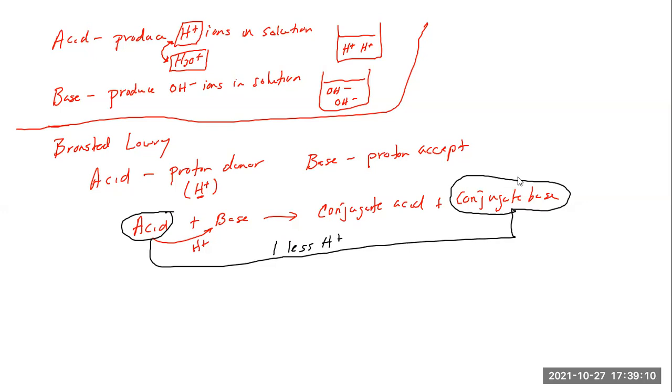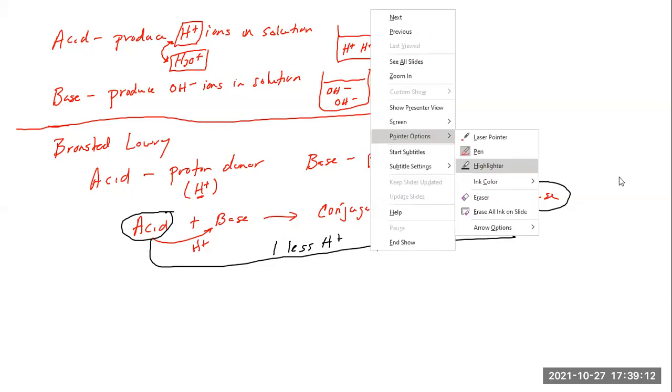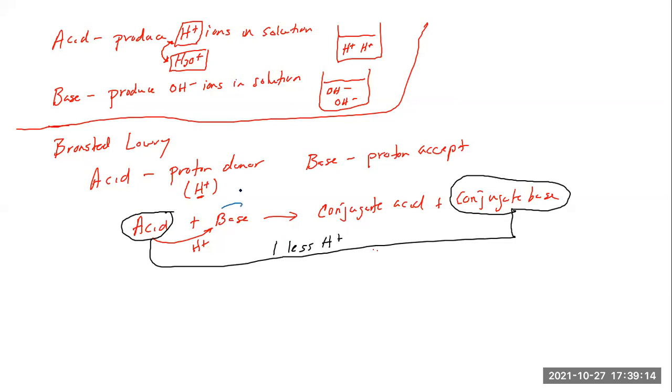And our base on the left-hand side is partnered up with our conjugate acid. Since the base is the thing that will accept an H plus, we see the conjugate acid having one more H plus than its base counterpart.